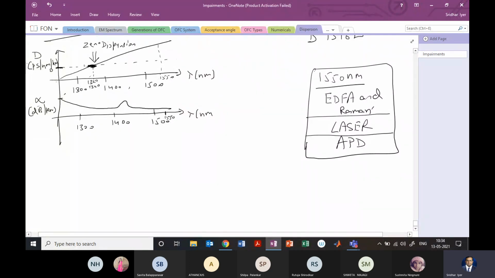Can I move this zero dispersion to somewhere here? I'm circling a dot there. I want to move this to 1550 nanometer, where actually the dispersion is high. Therefore, at 1550 nanometer, see, I'll make a bracket here, if I'm able to move that zero dispersion, then I will be getting low attenuation and low dispersion.